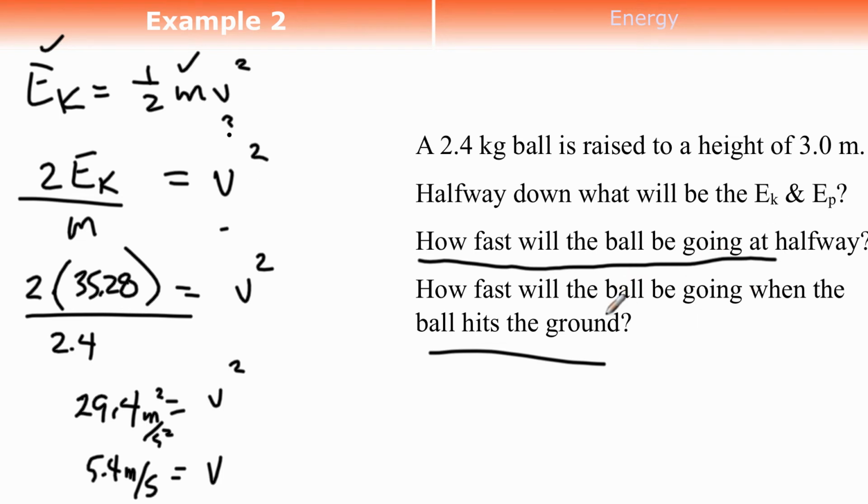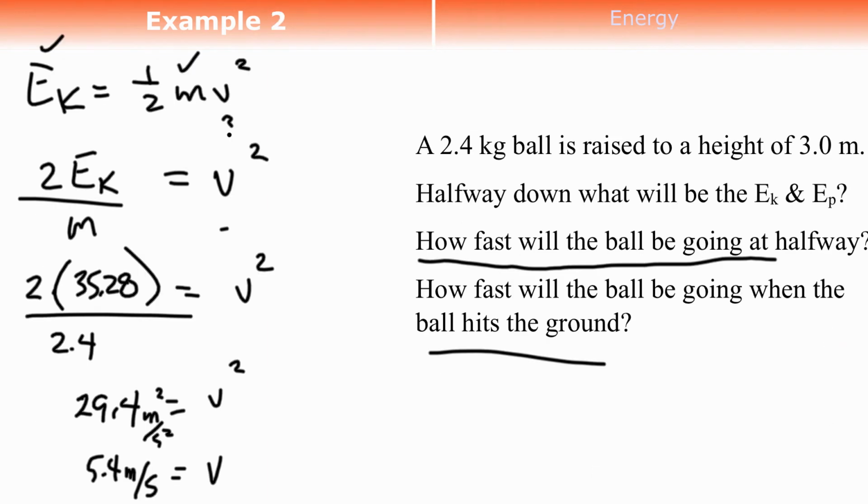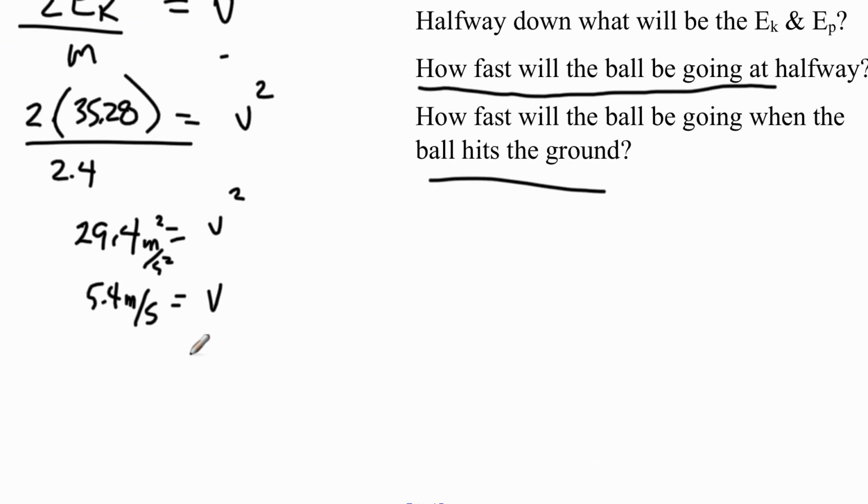What we need to do is figure out what the kinetic energy is as the ball hits the ground. So the potential energy of the ball at the top is equal to the kinetic energy of the ball as it hits the ground. So 70.56. So let's go down here.